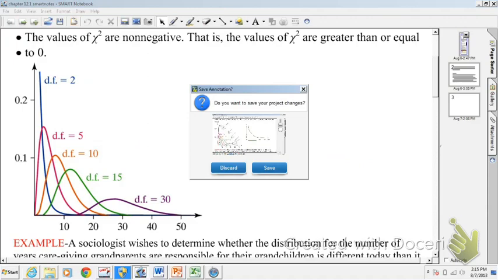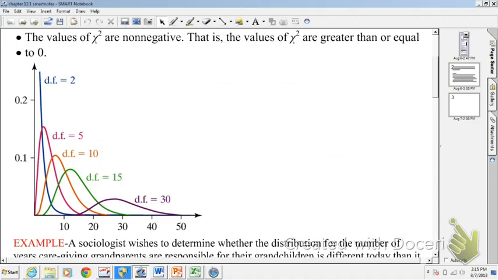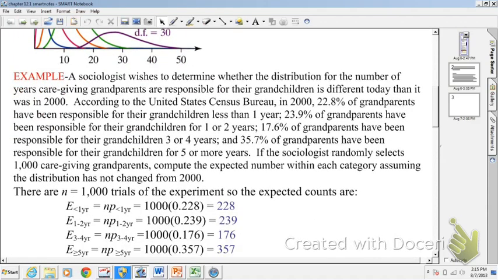Okay, let's take a look at the first example problem. I'll read it with you. A sociologist wishes to determine whether the distribution for the number of years caregiving grandparents are responsible for their grandchildren is different today than it was in 2000. According to the U.S. Census Bureau, in 2000, 22.8% of grandparents had been responsible for grandchildren less than 1 year. 23.9% of grandparents have been responsible for their grandchildren 1 or 2 years.